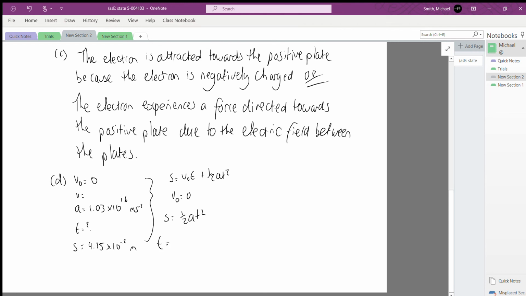So t will be 2s on a all square rooted, which if we substitute into our calculator, so 2 times 4.25 times 10 to the power of minus 2, all on our acceleration, 1.03 times 10 to the power of 16, all square rooted, is 2.87 times 10 to the power of minus 9 seconds.